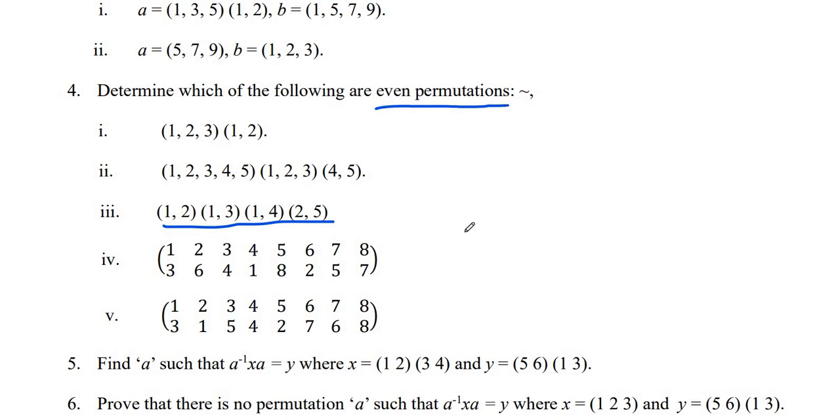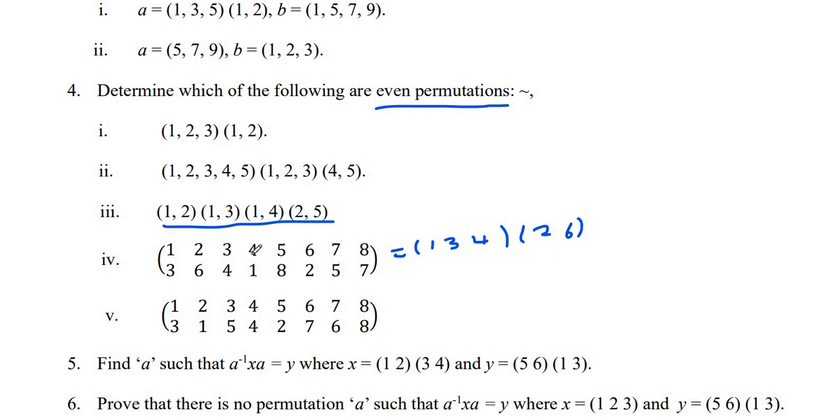If we have a representation like this, then this is an even number of transpositions, so you will conclude that it is an even permutation. In this case, 1 is taken to 3, 3 taken to 4, so you have (1 3)(1 4). Then 2 is taken to 6, 6 taken to 2, so this one gets over.